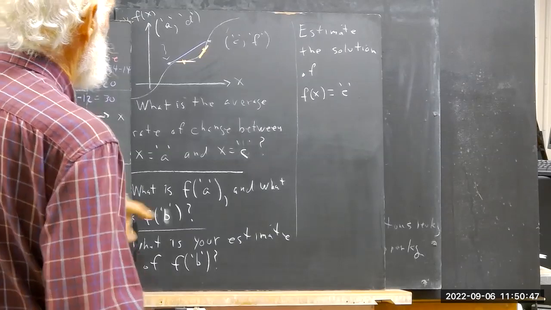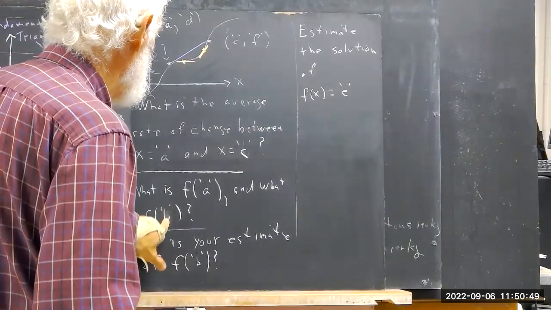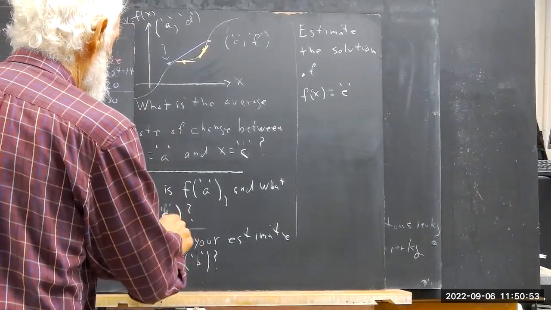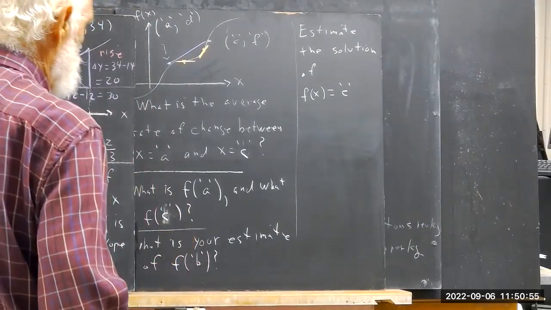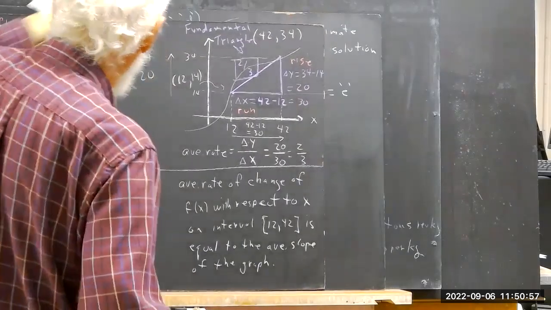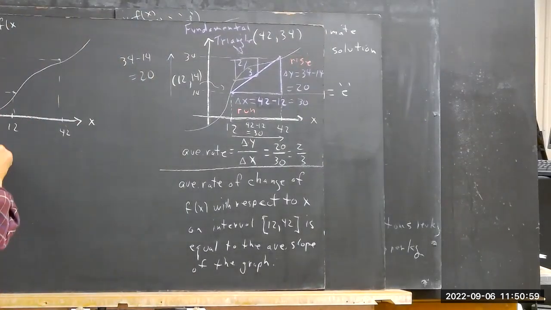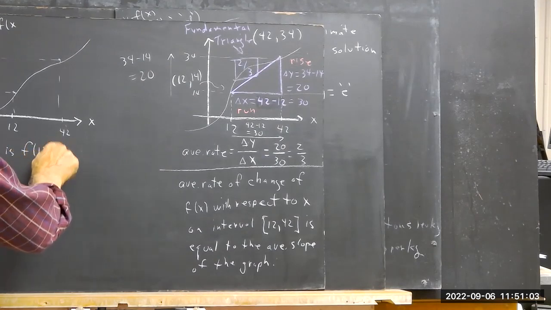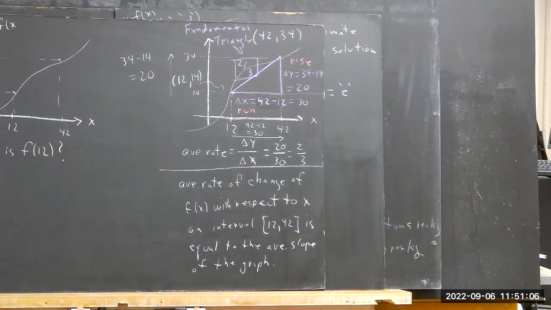Actually, I did ask you for f at this point. So what's f of 12? Well, f of 12 is the y coordinate of the point on the graph, because y equals f.